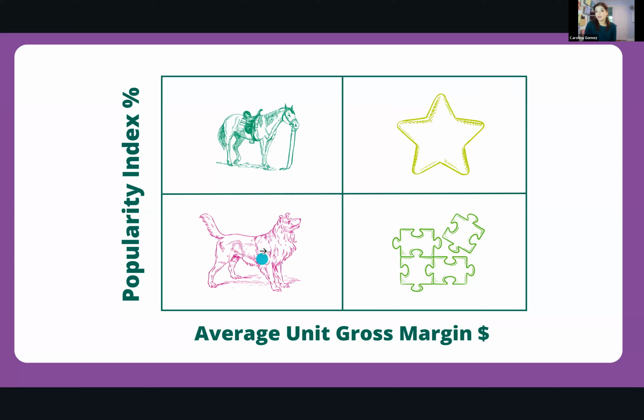Then you have a dog. A dog is something that is not very popular, and it does not make you so much money. And typically that's going to be like what for me was my pickled vegetables and things. The reason that I sold them was because I had leftover trimmings from certain vegetables. So instead of throwing all of that away or putting it all in compost, I would make a product out of it that I would preserve or pickle that people could just buy if they wanted some.